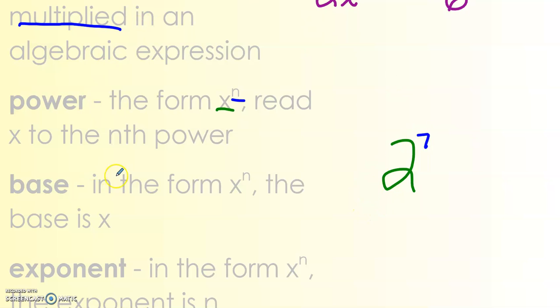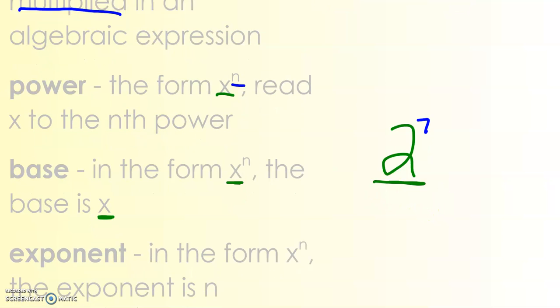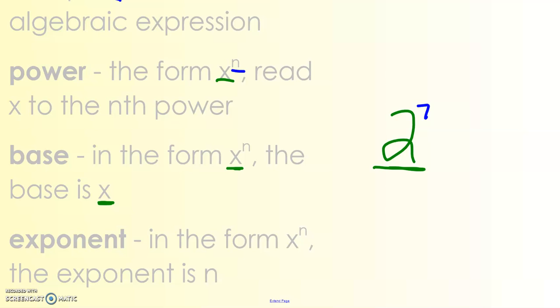A base in the form of x to the n is going to be that x value, or the big number. So in our example, 2 is our base. The exponent is going to be the n, so that's our little number, and we see that's 7 in our example.